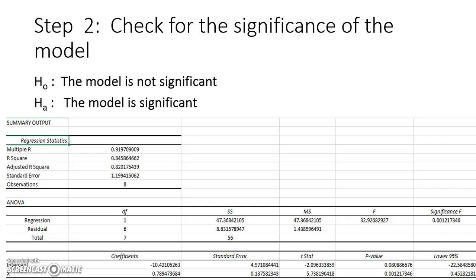The value of the F statistic is greater than F critical, or the significance F is very small compared to alpha, if we take it as 0.05. Then we can say that there is enough evidence to reject the null hypothesis, and hence the alternate hypothesis may be accepted.